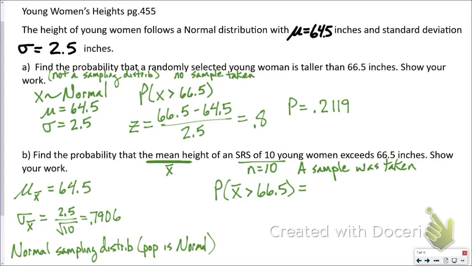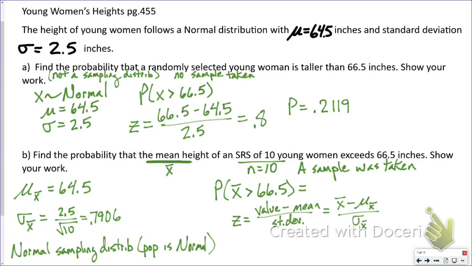The z-score changes, though, and instead of writing the z-score for this particular problem, maybe work on memorizing the value in question minus the mean divided by the standard deviation. I mean, it honestly is x bar minus the mean of the means over sigma x bar.